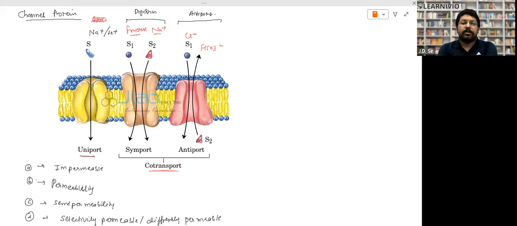Symport is found in the small intestine. This question has been asked in AIIMS. Symport is found in the small intestine, like fructose and sodium.